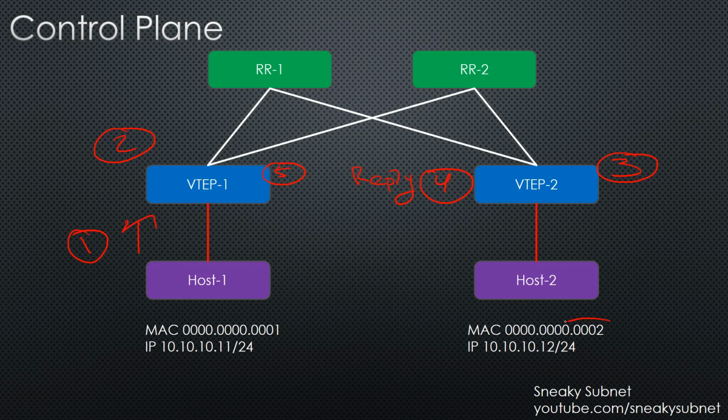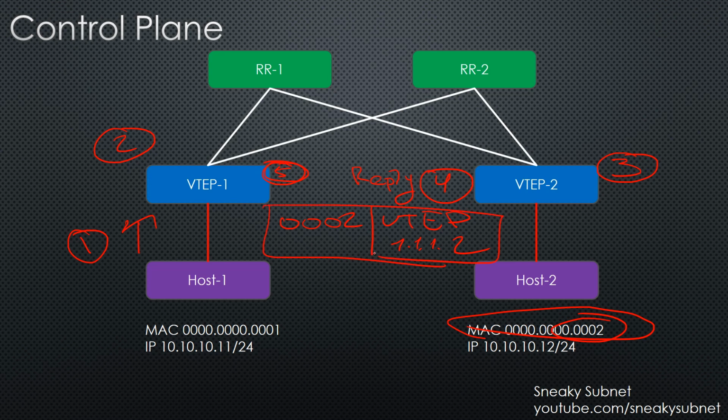Now it knows that MAC address 0002 is located behind VTEP 2 and essentially behind IP address 1.1.1.2. Because again, the ARP reply is an Ethernet unicast frame with source MAC address 0002 and destination MAC address 0001, so VTEP 1 is capable of populating that entry in that table.